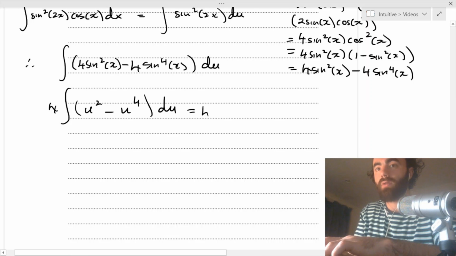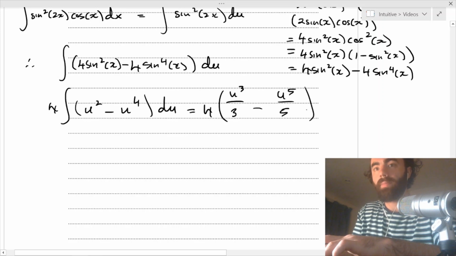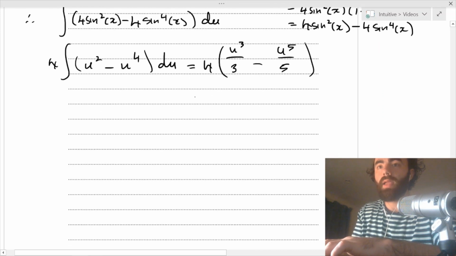This will equal 4 times u cubed over 3, going up by the power and dividing by the power, minus u to the 5 over 5. And now we can plug back in what u was and put it between those limits.